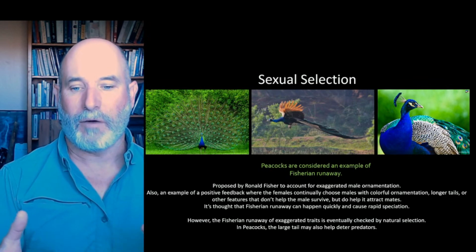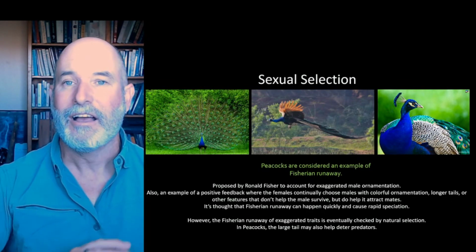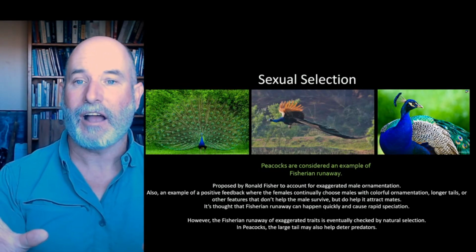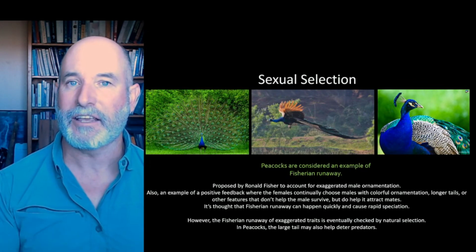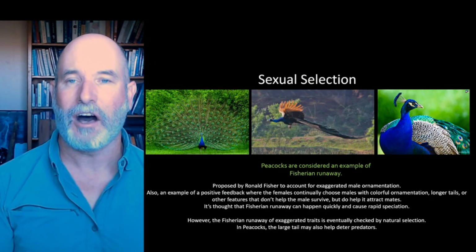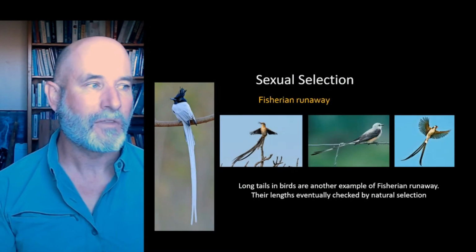So if you're a fox or some bird or some predator about to jump on a peacock and they expand that tail rapidly, not only does the peacock go from looking one size to much larger, but it looks like it's got a bunch of eyes looking at you as well, which could actually ward off predators. So not only is it helping with sexual selection, it could be helping with predation as well.